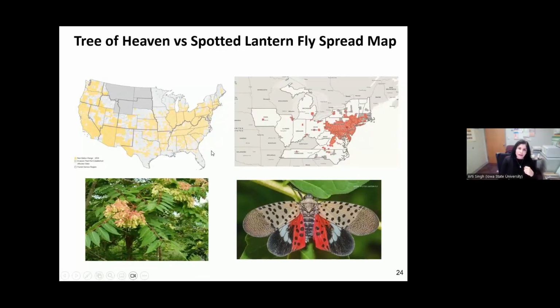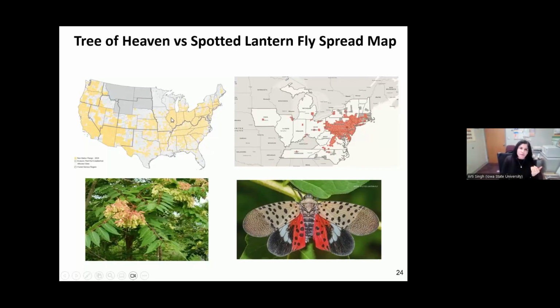It is predicted that the spotted lanternfly, an invasive insect, is going to reach from the East Coast to the West Coast by 2033. And seeing the map of Tree of Heaven, which has spread from the East to the West Coast, it is very likely that this might happen sooner.